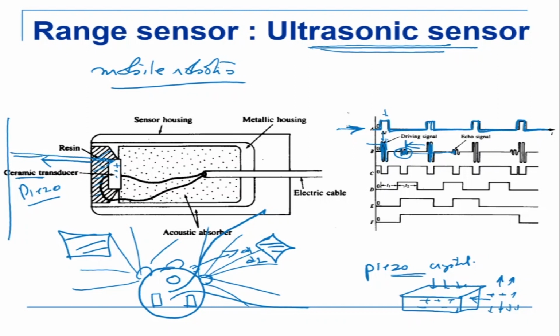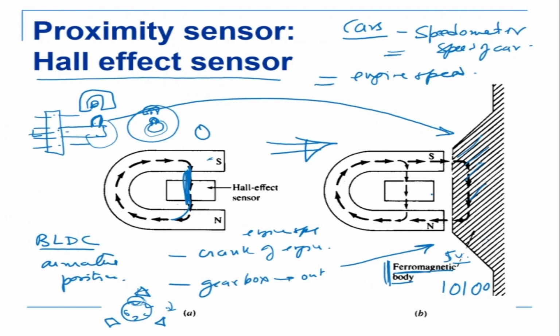Now again, this ultrasonic sensor is very cheap. I forgot to mention something about the Hall effect sensors also. These sensors are very cheap, about 150 to 200 rupees, so they are extensively used. The advantage of a Hall effect sensor is that it's a solid state device. There is no moving part inside, because of which its functioning requires very little charge.